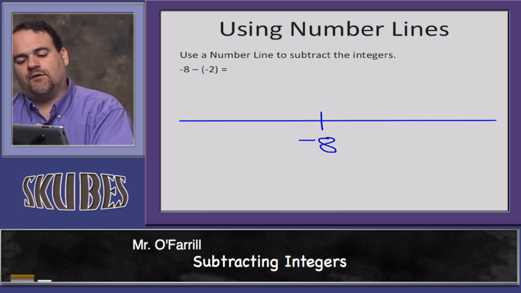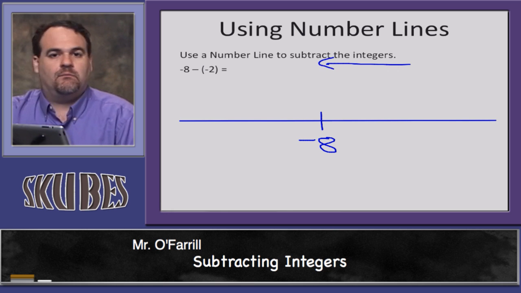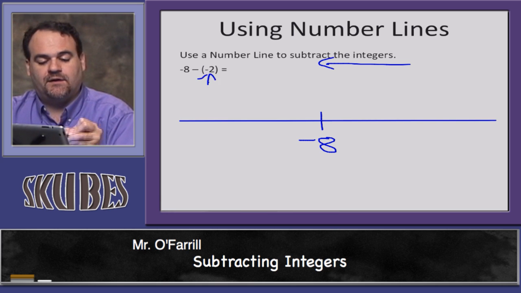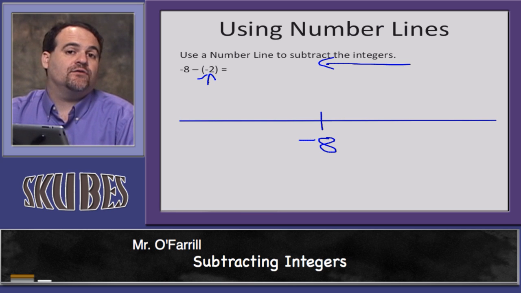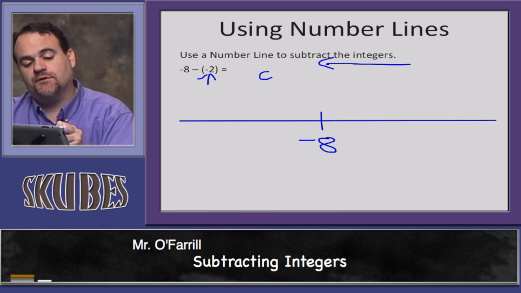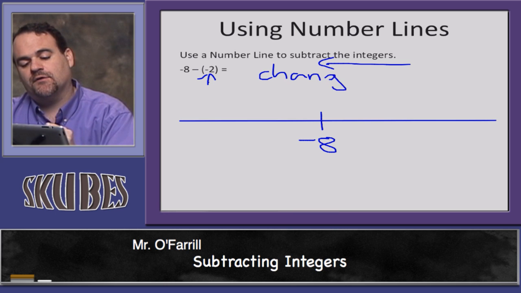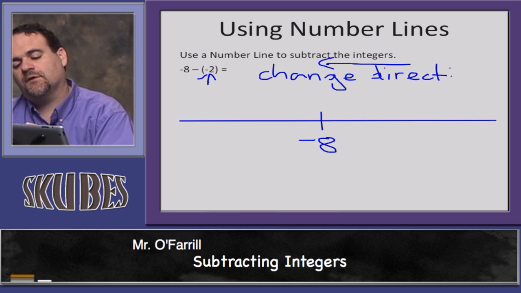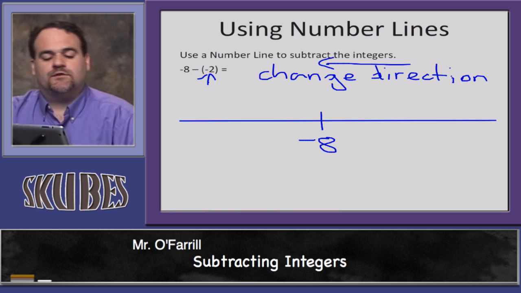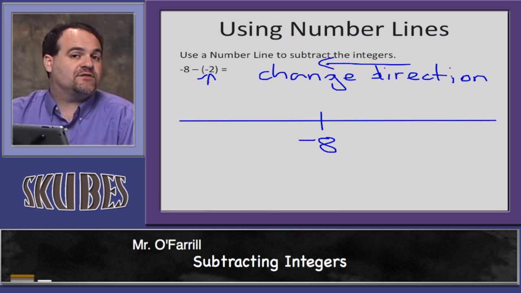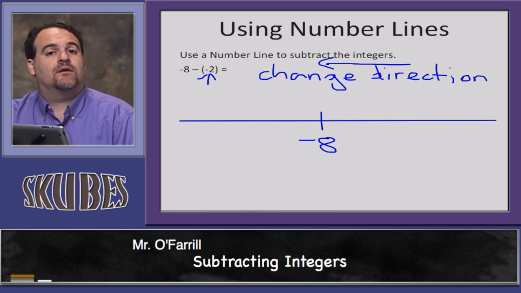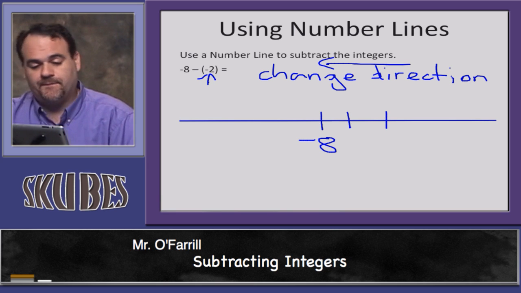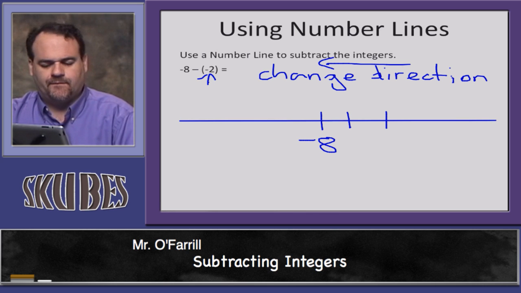Subtraction always goes to the left, but if this number is negative, you have to change direction. Subtraction says we go to the left, but it's negative, so we're going to go to the right. 2 spaces. 1, 2.